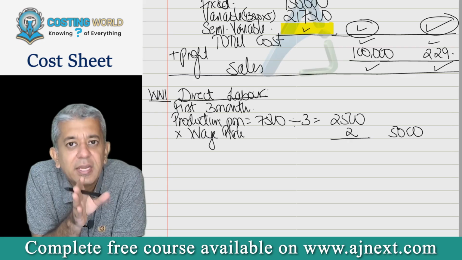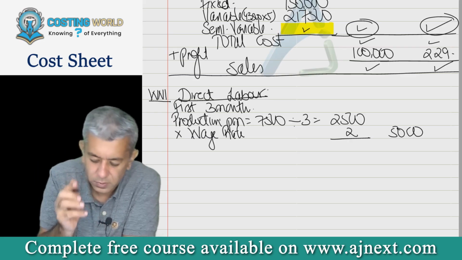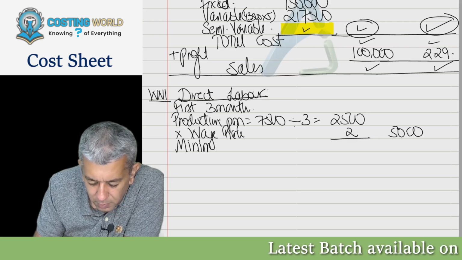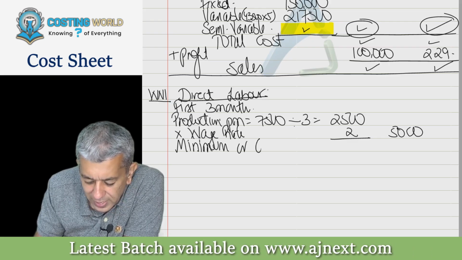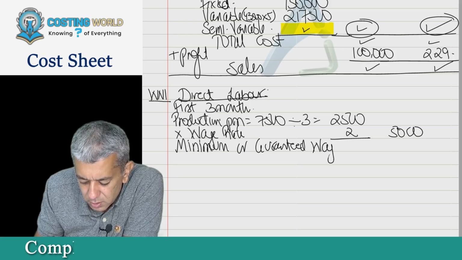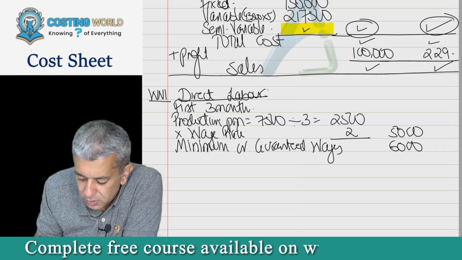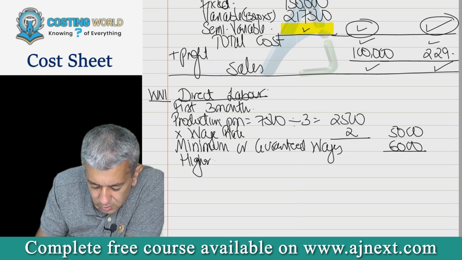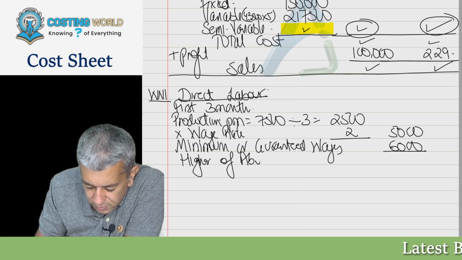But we have guaranteed them how much? 6,000. So therefore you all write down minimum or guaranteed wages, 6,000. Higher of above.